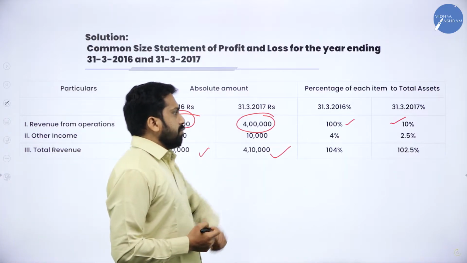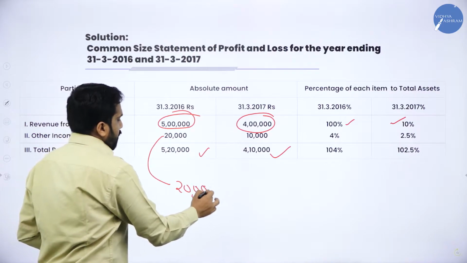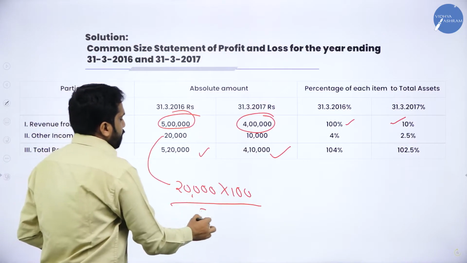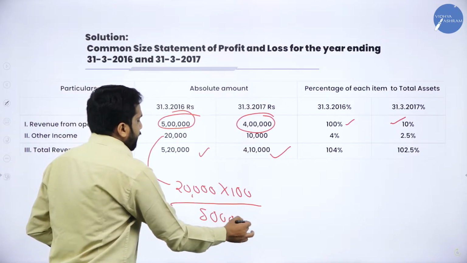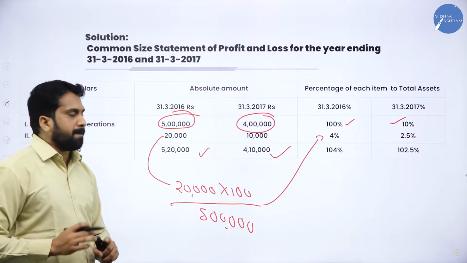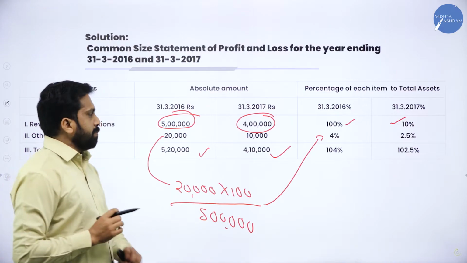How did you get this 4%? 20,000 multiplied with 100. What is the base? 5 lakh. If you calculate this, you will get 4%. How did you get this 2.5%? Simple.